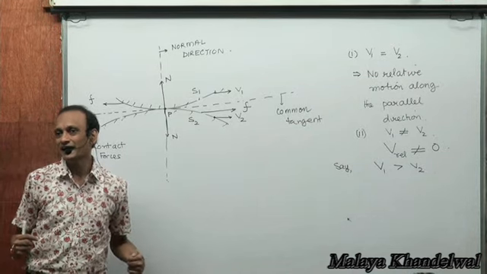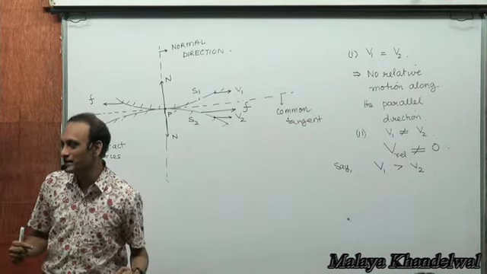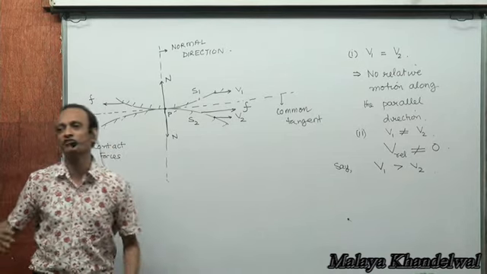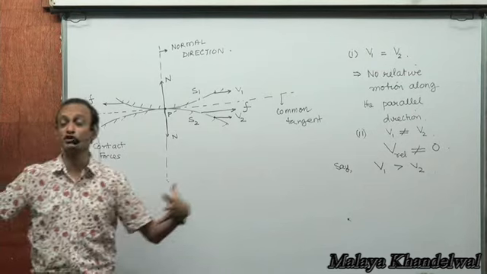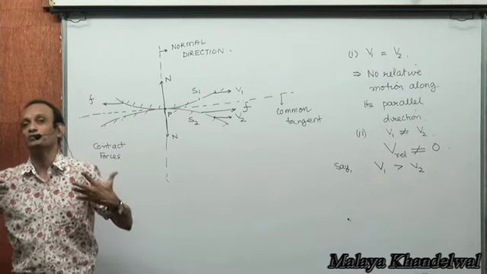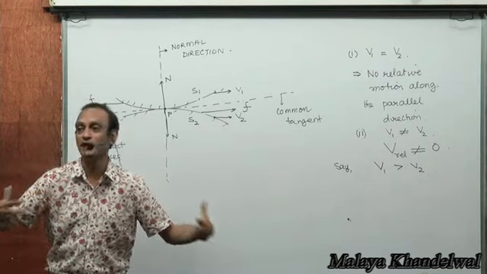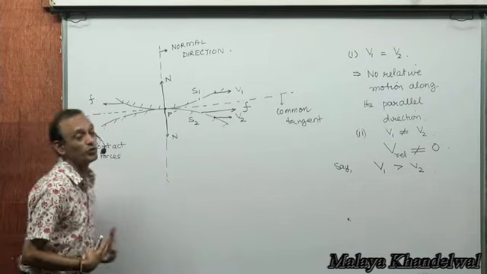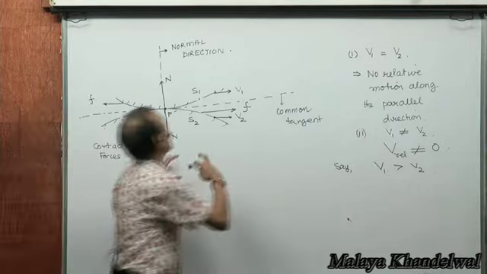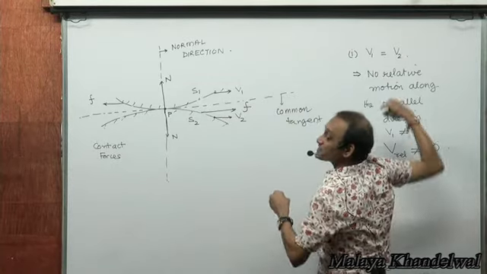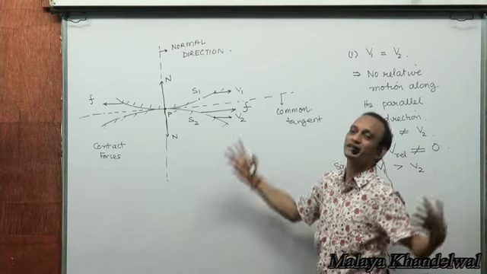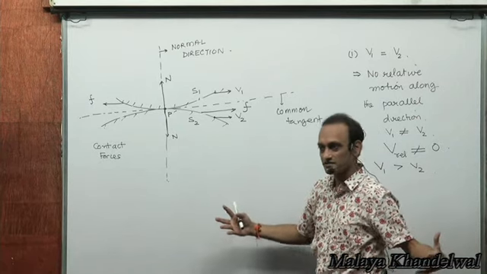It's not like S1 is selfish like human beings: I'm faster, more powerful, and I'll continue to go faster and faster and become more and more powerful. That's the trait of human beings. But inanimate objects have that sense of compassion. Even though S1 is moving faster than S2, it's trying its bit to cause S2 to come to terms with the motion of S1, again trying to live in peace and harmony.